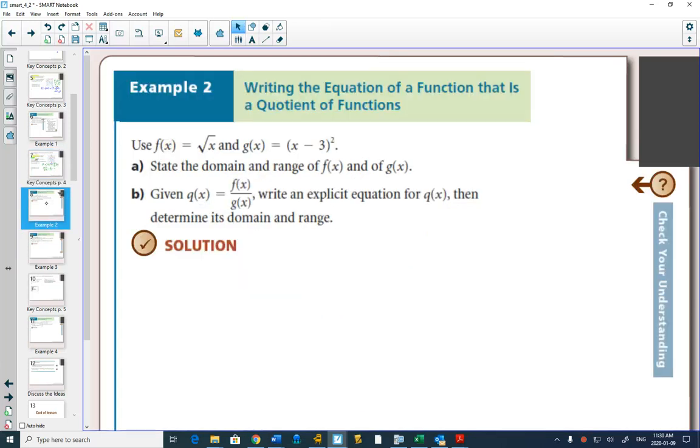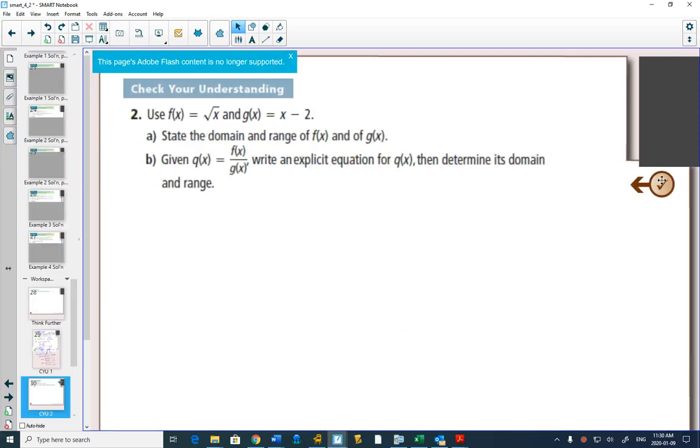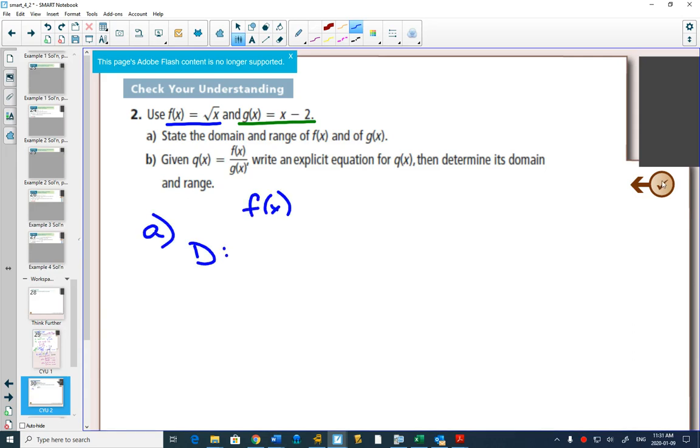So when you look at our example for dividing, use f of x as square root of x and g of x equals x minus 2. Again, I'll color code these, f of x in blue, g of x in green. So part A, for f of x, what's our domain?